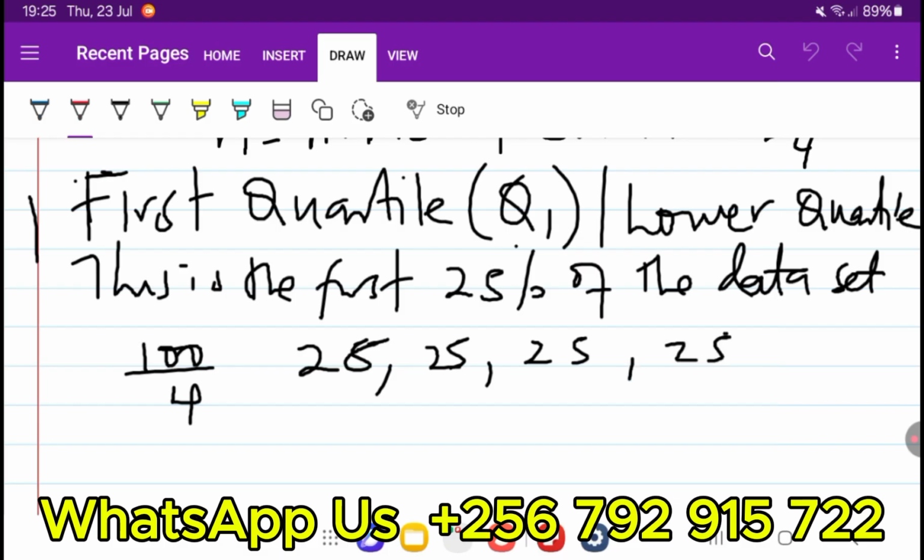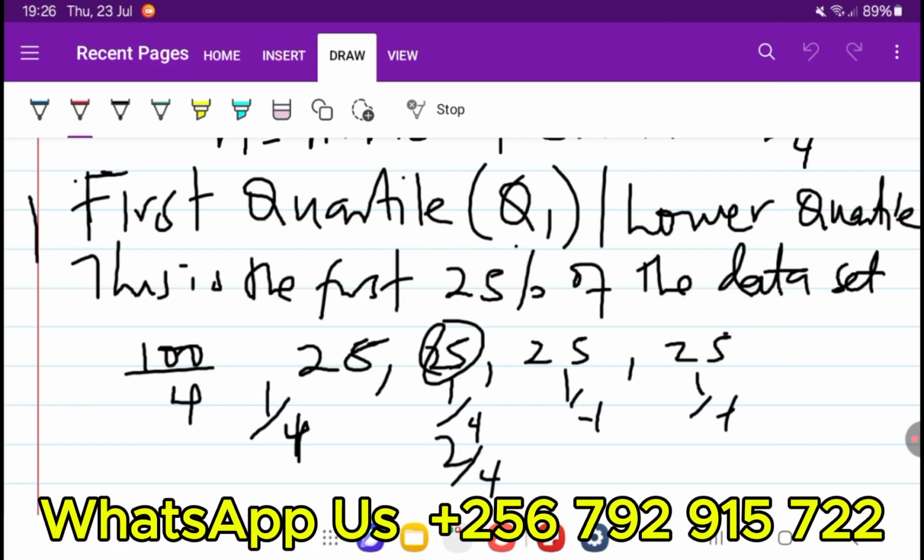So each of these will be 1 over 4. Meaning this one in the middle will be 1 over 4 plus 1 over 4, which will be 2 over 4. Then this one will be 1 over 4 plus 1 over 4 plus 1 over 4, that is 3 over 4. You just add the numerator, the denominator you just leave it. Now this one will be 4 out of 4, which is a 1.